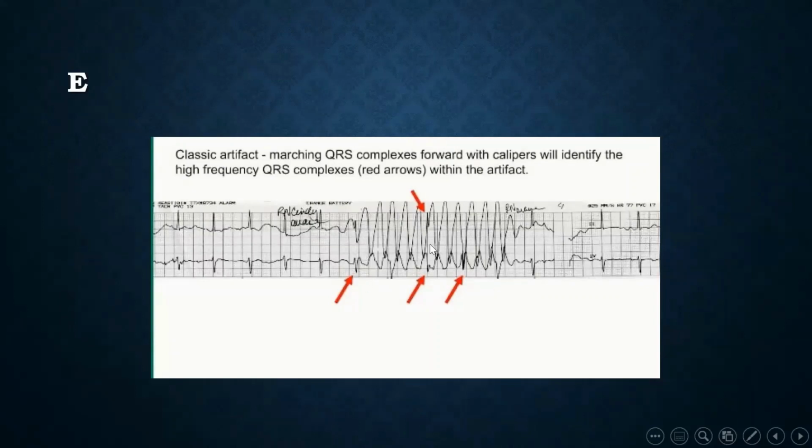So likely this is artifact simulating ventricular tachycardia. You can march the R wave from the beginning of the tracing and even through this artifact. So I agree with Muawiyah. He can be discharged home safely, inshallah.